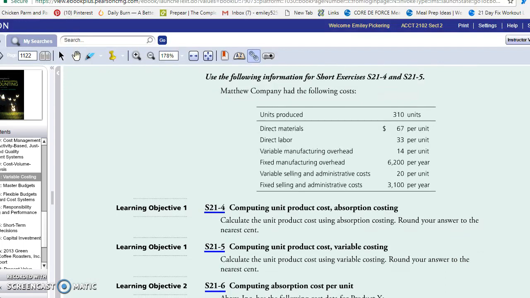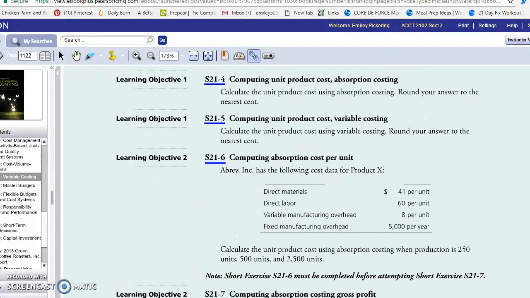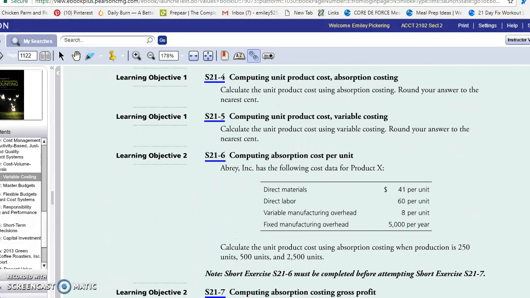Okay, so let's talk about number 6, which again is absorption costing. So we want to find the per unit cost using absorption costing at different units. So we've got 250, 500, and 2,500.